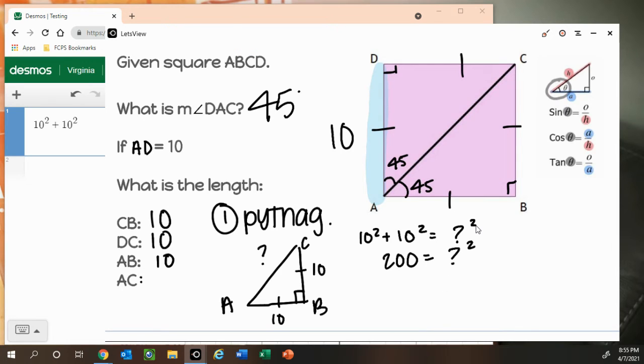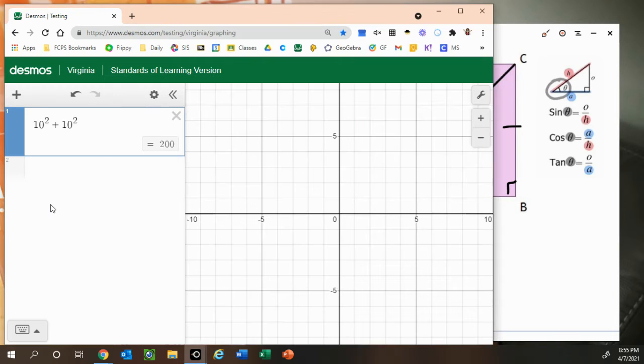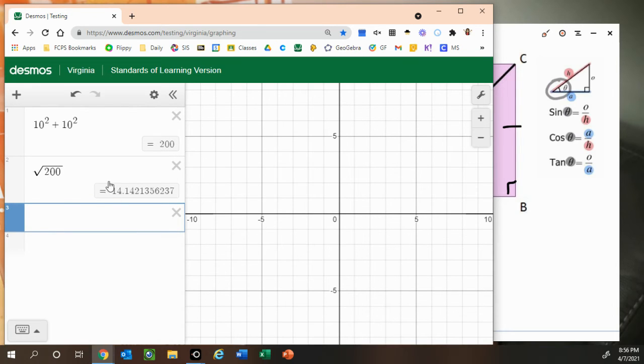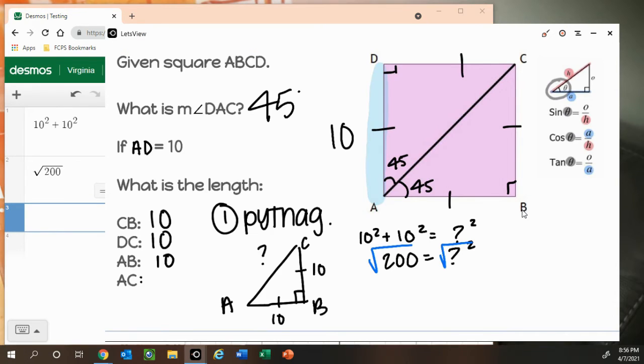The way we are going to get rid of squaring something is we have to do the opposite. So the opposite of squaring is square rooting. You can type SQRT in decimals, or you could use the little keyboard and get it from right there. That's going to give us 14.1 for our missing side.